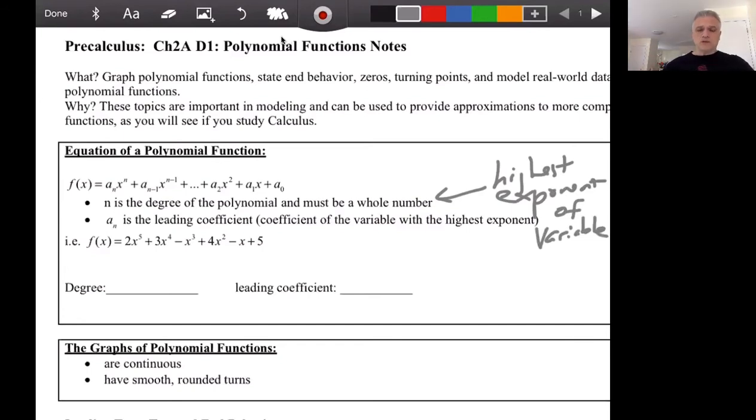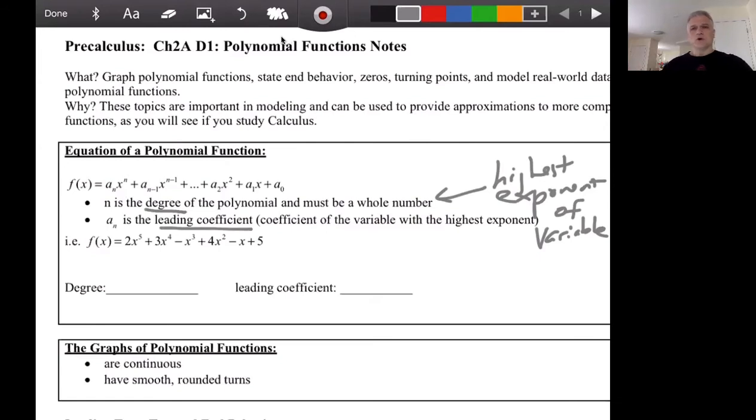A sub n is the leading coefficient. Now, A sub n, this is kind of important. A sub n goes with the variable that has the highest exponent. So even if this term were second, third, fourth, fifth, even last being listed in the polynomial, that is still the one term out of the entire polynomial that you're going to look at for the degree and the leading coefficient.